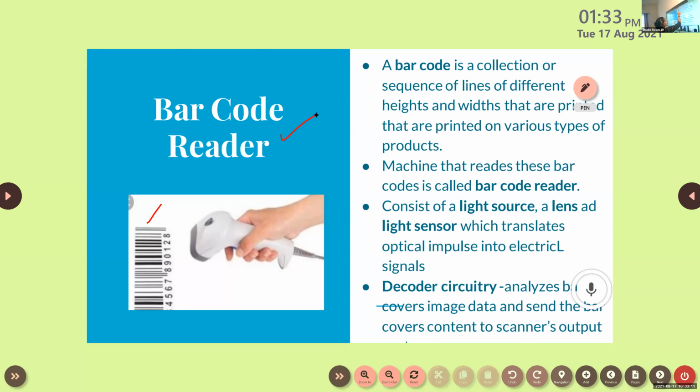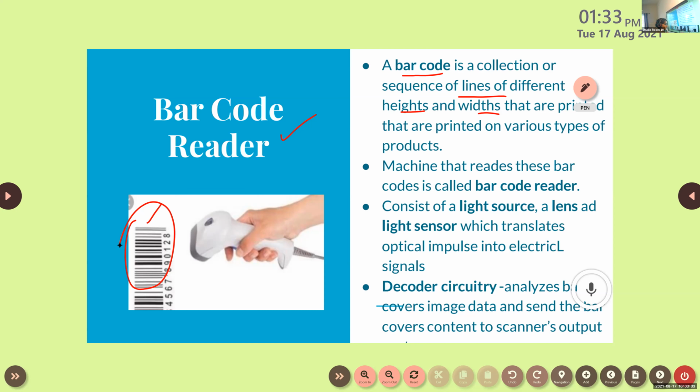Okay, so what is barcode? It is a collection or sequence of lines of different heights and widths that are printed on various products. Whenever you purchase a product here or there, you can see this barcode, right?